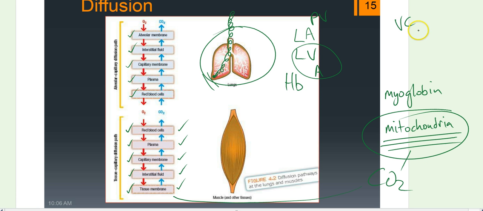It will enter the right atrium, go through to the right ventricle, out the pulmonary artery to the lungs, and here again, red blood cell into the plasma, across the capillary membrane, into the interstitial fluid, across the alveoli membrane. So it's now sitting in the alveoli itself, and then gets breathed out.